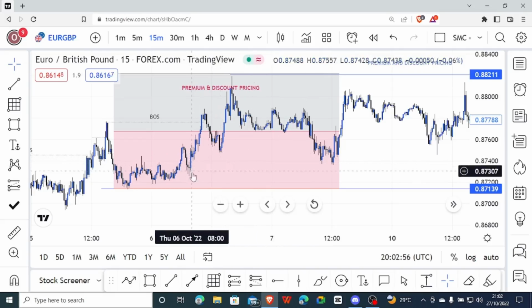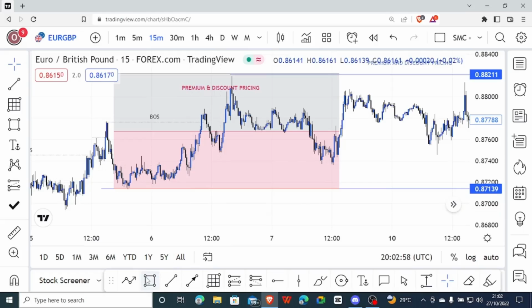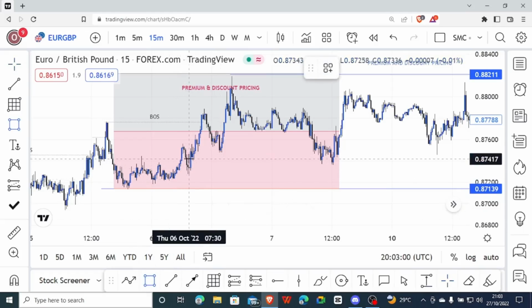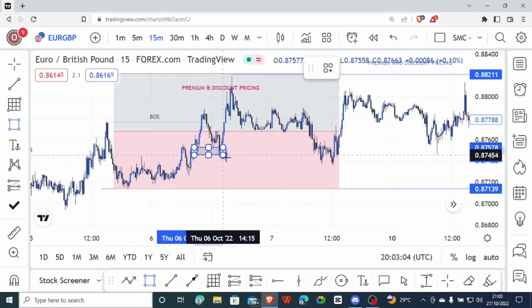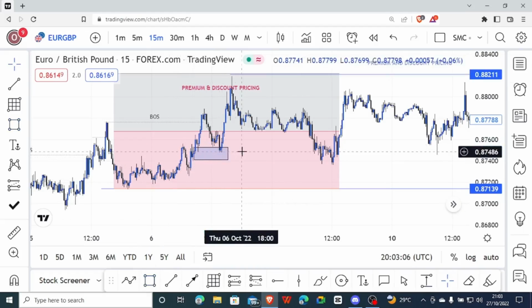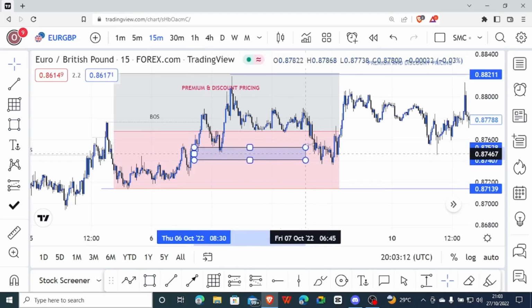Take a look. This is your OB here. This is a smart money trap. This one, as you can see, is a smart money trap. Even though price went higher a bit, it came back down to take out this SMT. It took it out.